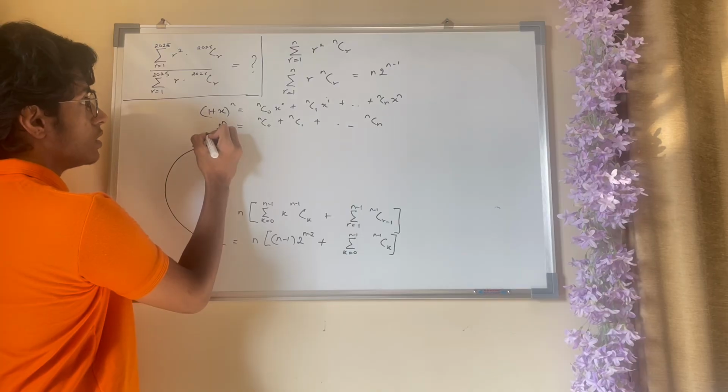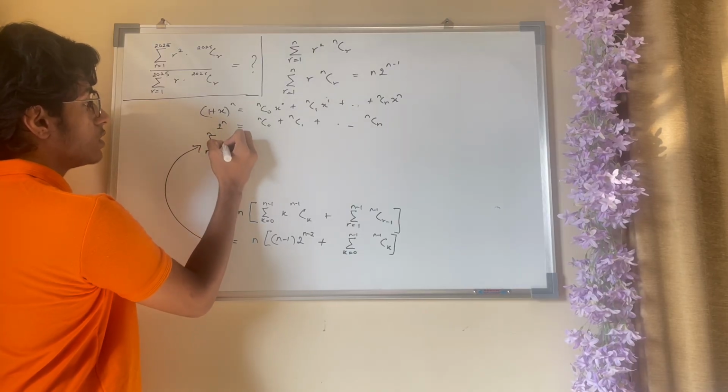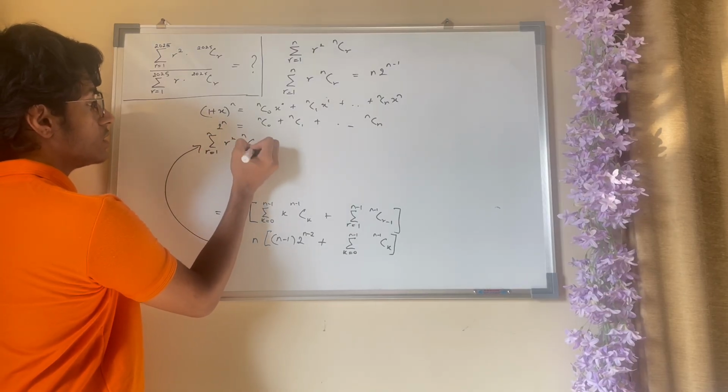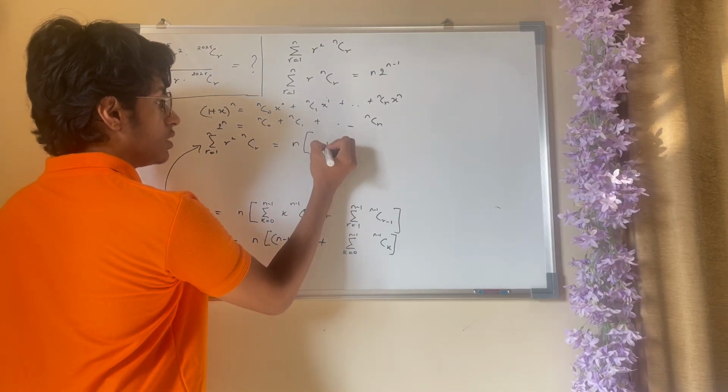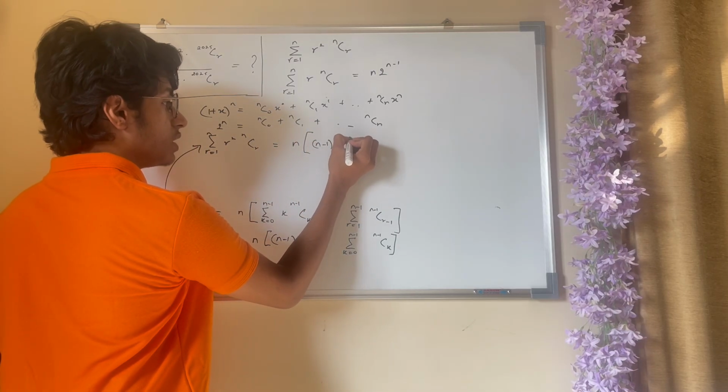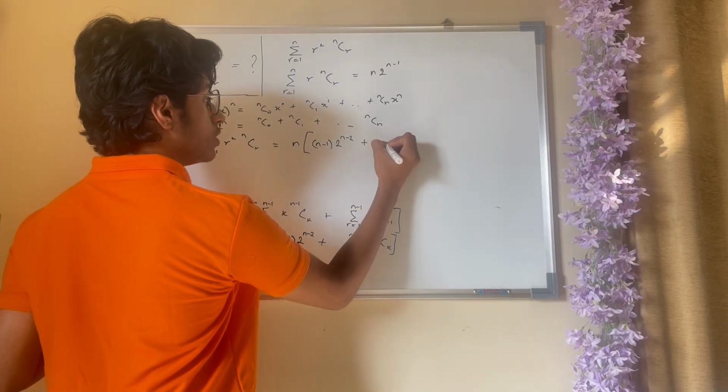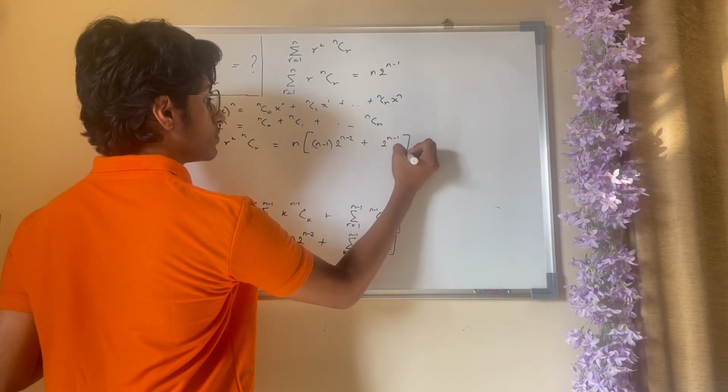Sigma r equal to 1 to n of r square nCr is equal to n into (n minus 1) into 2 power n minus 2 plus 2 power n minus 1.